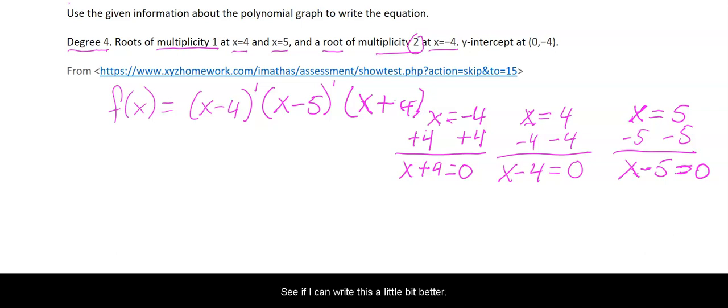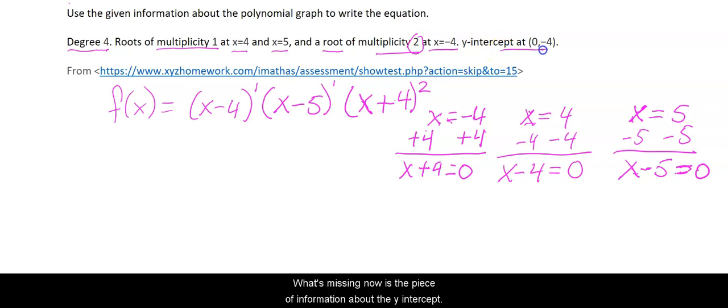Let's see if I can write this a little bit better and get my stylus working again. What's missing now is the piece of information about the y-intercept. The way I've set it up, I've just accounted for the x-intercepts, but not the y-intercept.